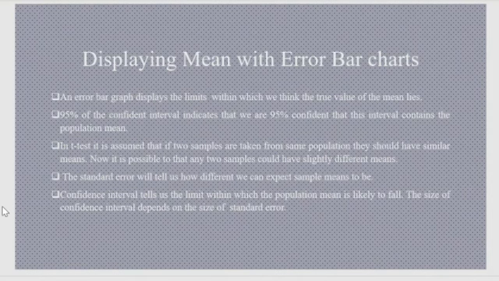Now if the mean differs significantly, then we can say that this significant difference is possible because of the manipulation of IV. Let me give you one example. Suppose group A and group B, we have taken both samples from the same population, right?